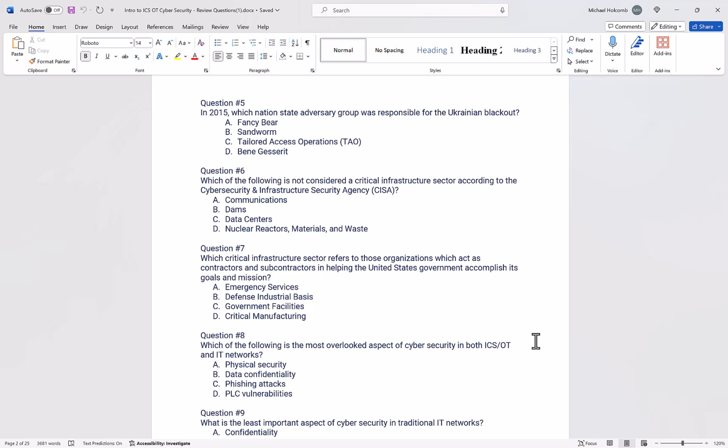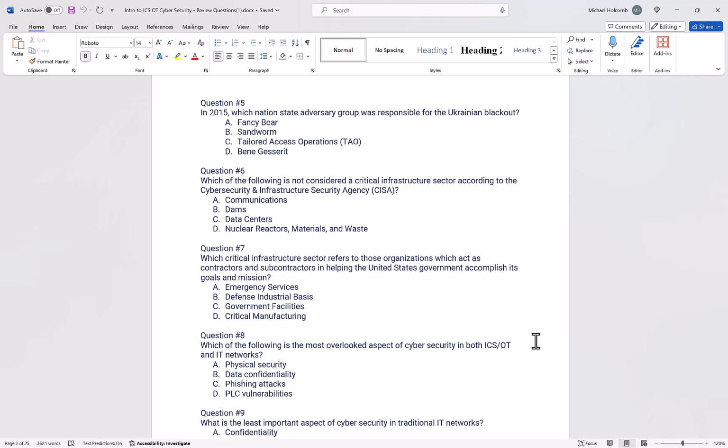In this case, communications, dams, nuclear reactors, materials and waste are all critical infrastructure sectors designated by the United States government as sectors or services that the world depends on for our daily lives. Now, data centers house, of course, all the systems that we've come to rely on.